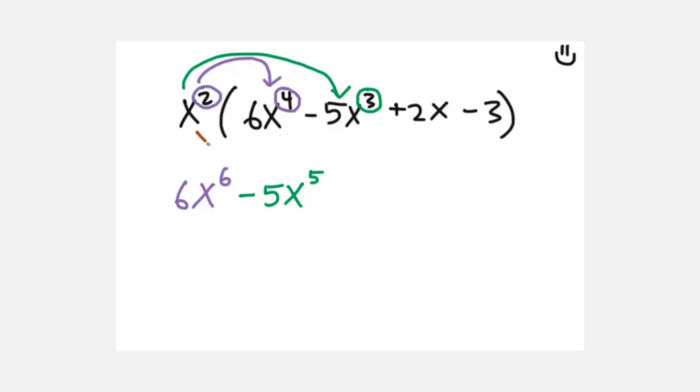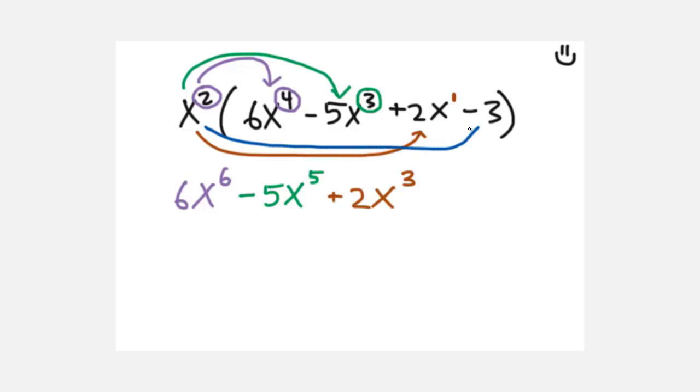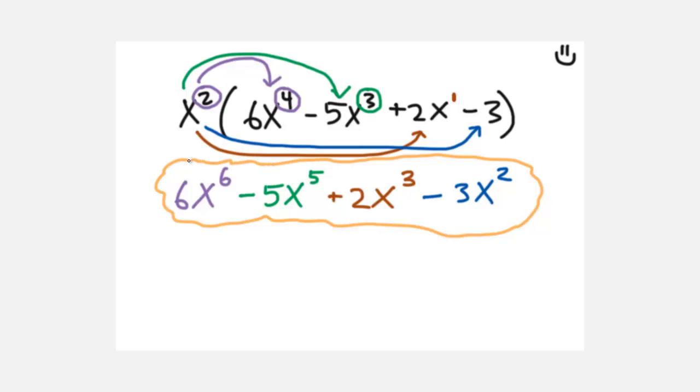We have to multiply this again with the positive 2x, so that'll give us positive 2x cubed, because there's a 1 here. And lastly, we have the x squared times the negative 3. That'll give us negative 3x squared. Okay, so this is our final answer here. And we're happy.